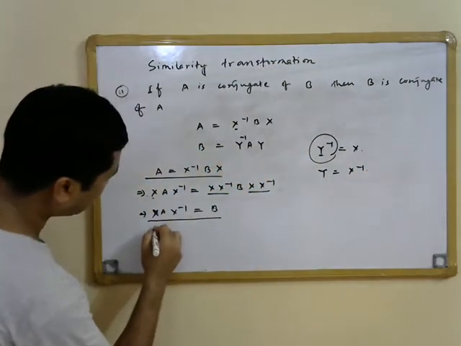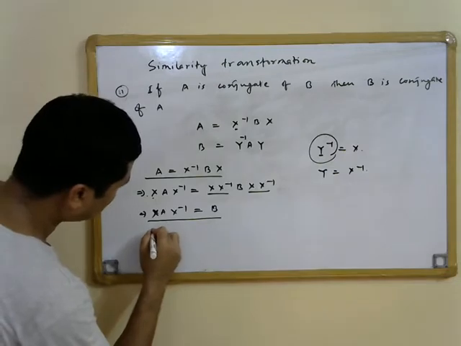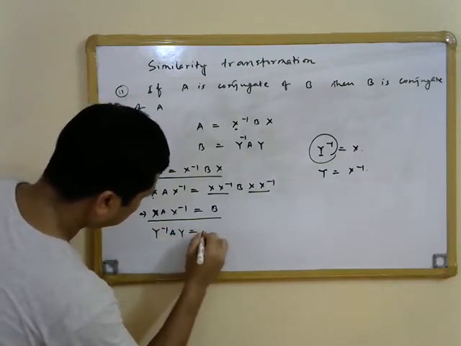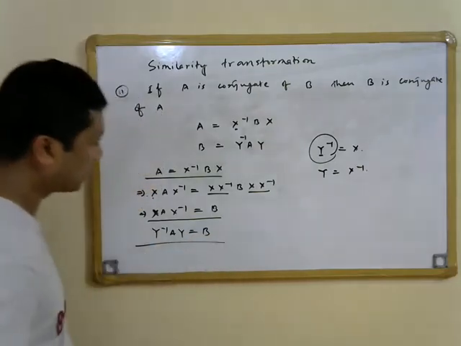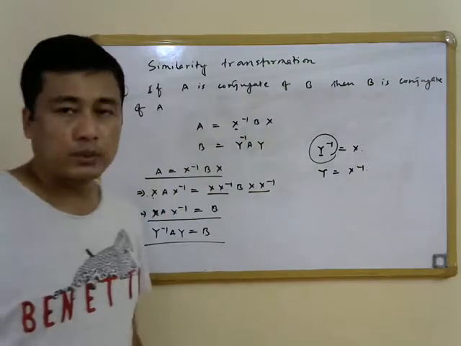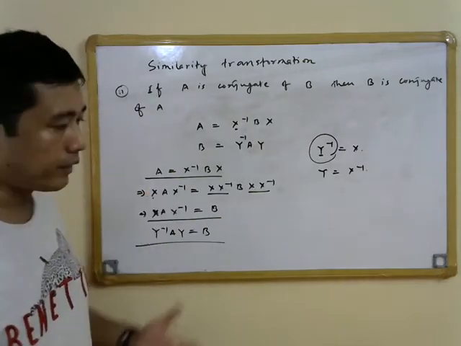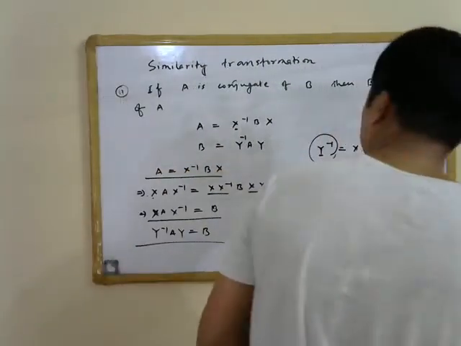So we will always have an element Y such that this is going to be true, so that when A is conjugate of B, B is also conjugate of A. This is how we can prove this particular expression.